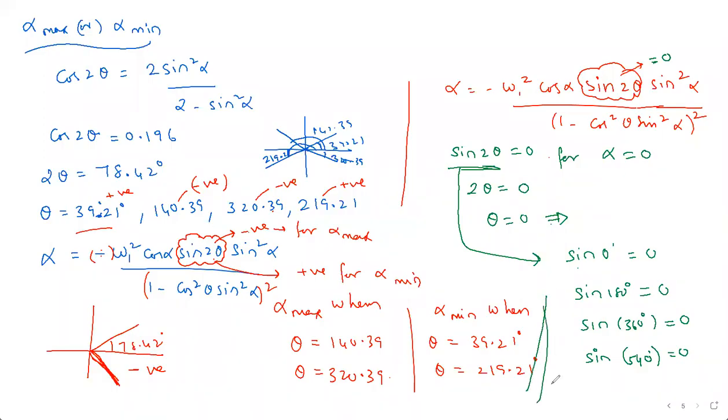So what are the different theta values here? Just 2 theta is equal to 0, right? So theta equal to 0, first value. And 2 theta equal to 180, so theta equal to 90 degrees. So 2 theta is 360. 360 by 2, what is it?